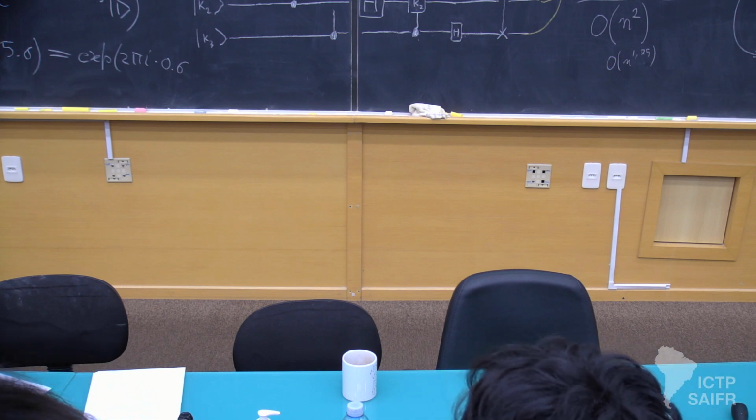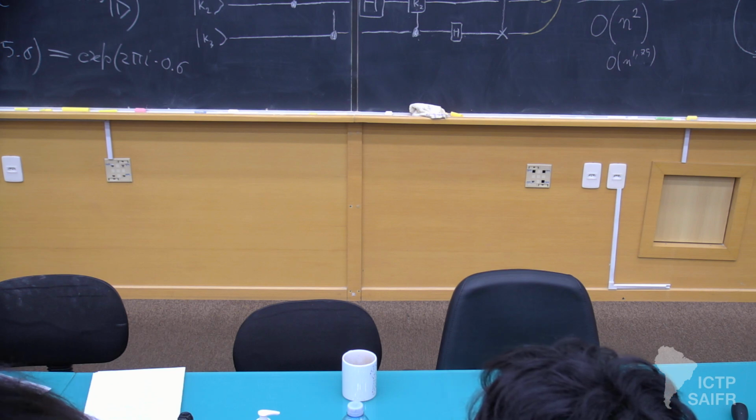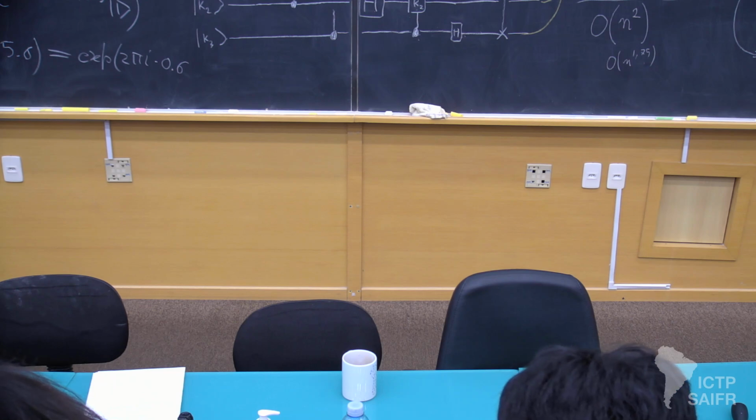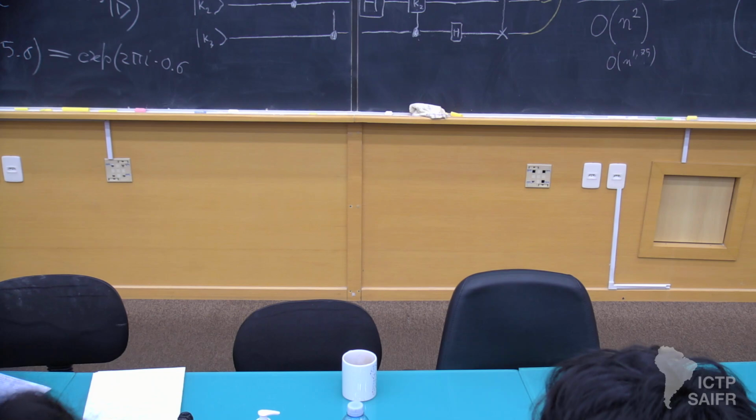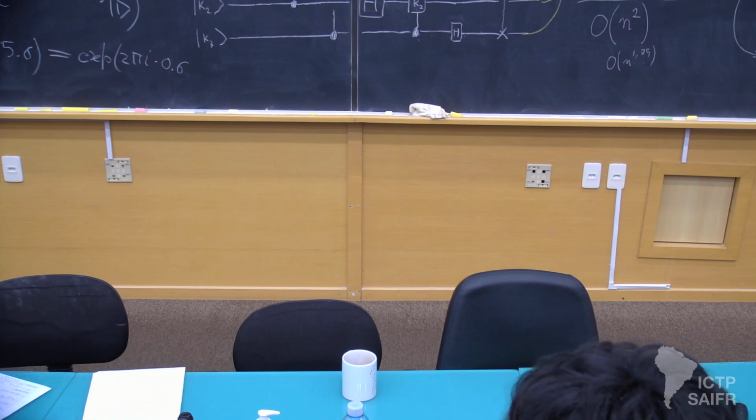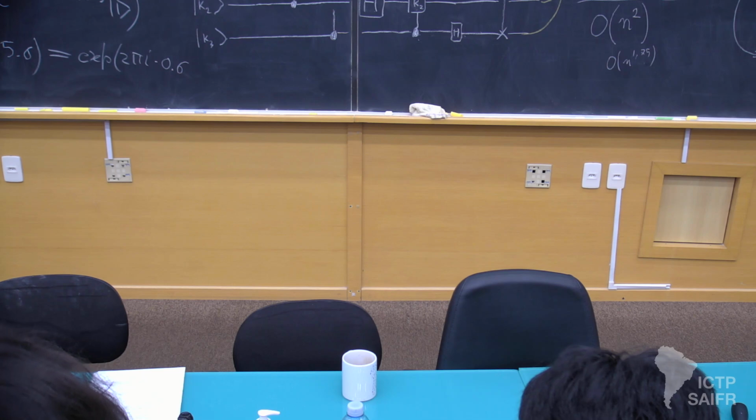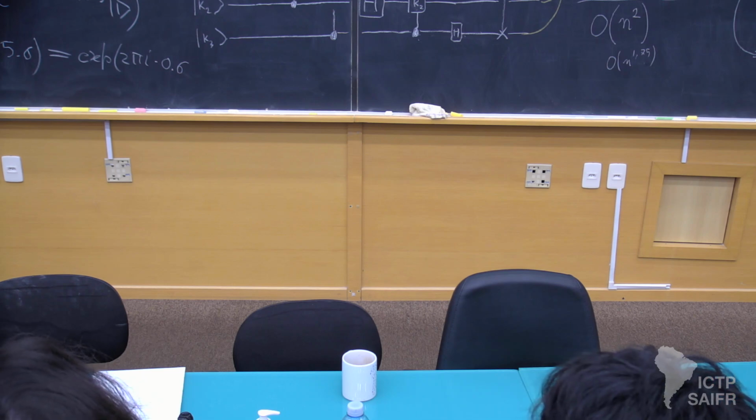Once you do that, you should be convinced that this becomes e to the 2 pi i phi j psi, right? Because we are applying phi times j.